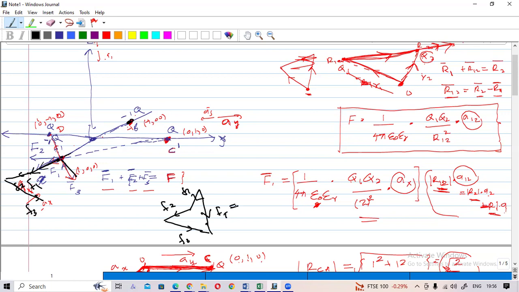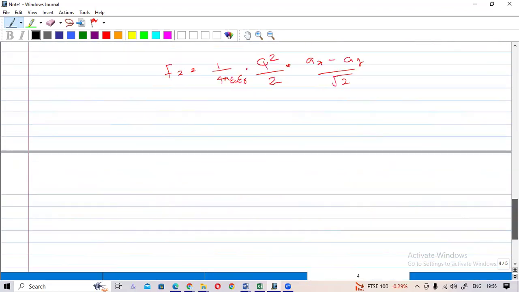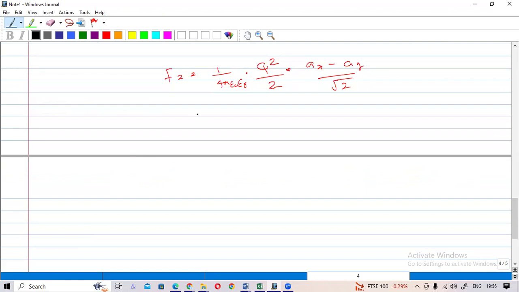So how to find the total force? Ft, that is F1 plus F2 plus F3. So total is F1 plus F2 plus F3.